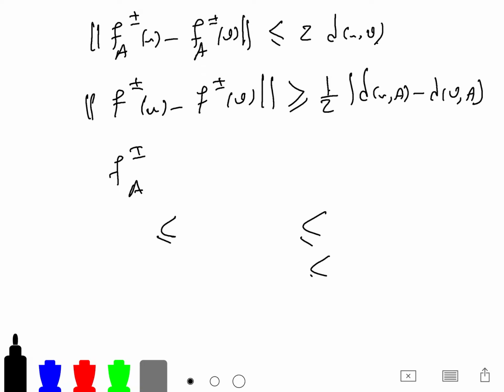So it is between that for any of its two coordinates.